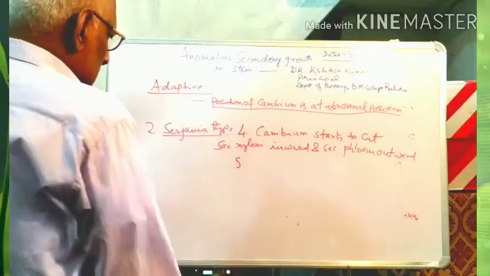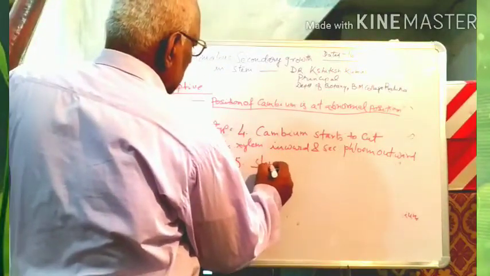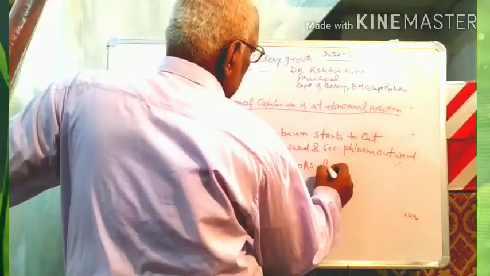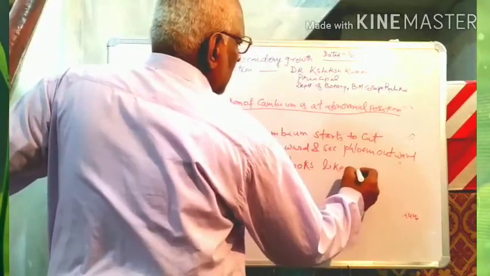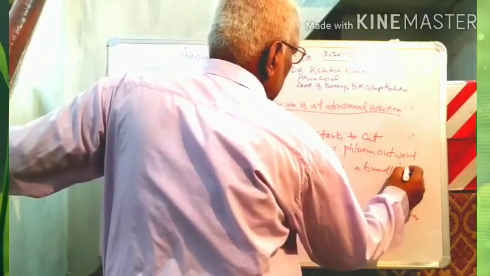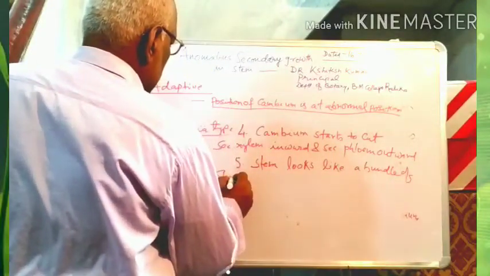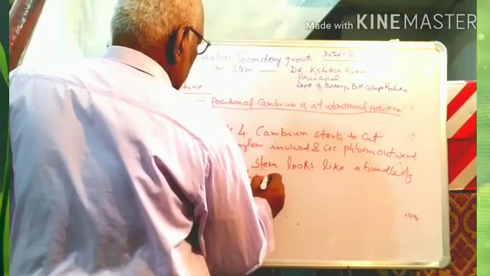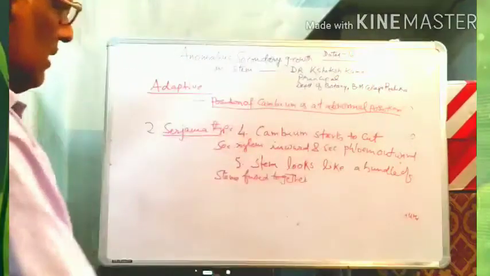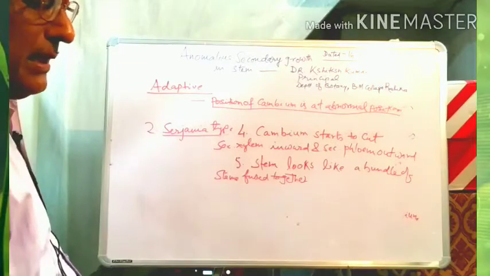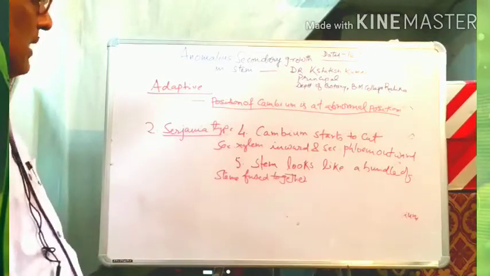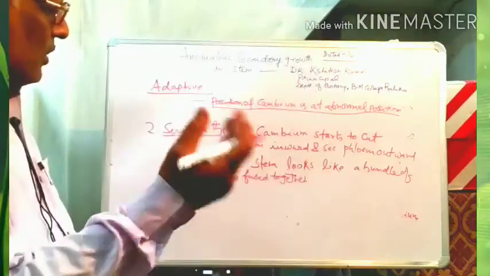The result is that the primary stem looks like a bundle of stems fused together, and these are all encircled by the periderm, which is formed in the normal condition by cork cambium outside in the cortex region.